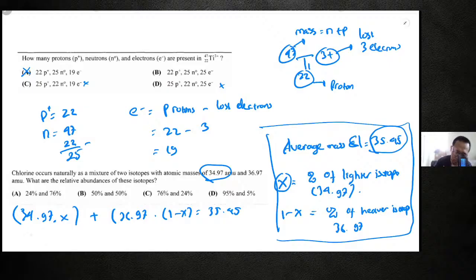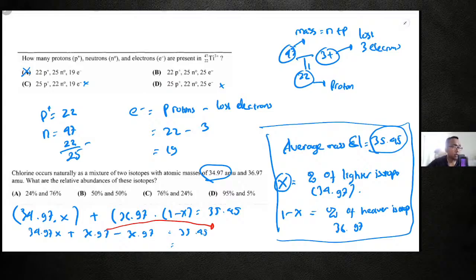So we get 34.97X plus 36.97 minus 36.97X equals 35.45, and then we move this part to the other side. Now we end up with an equation like this.